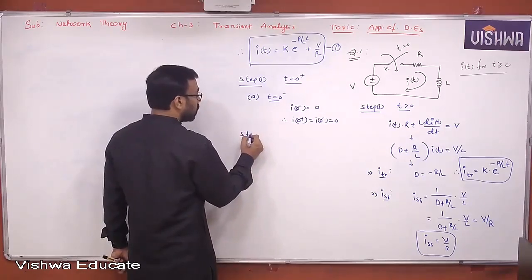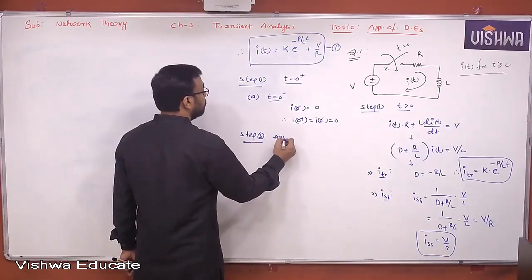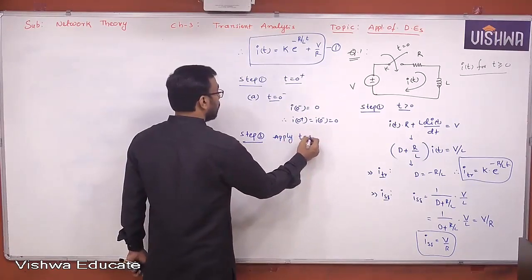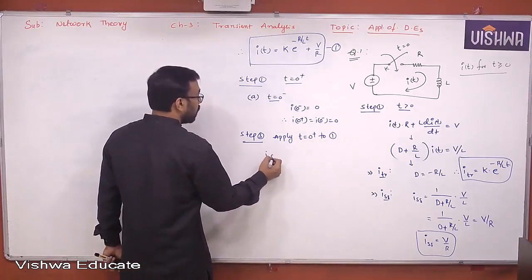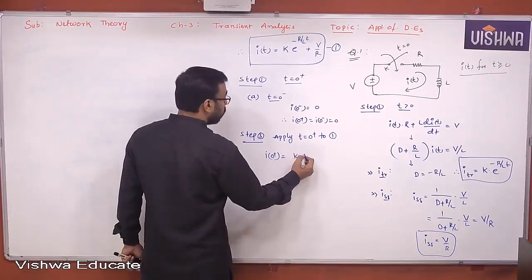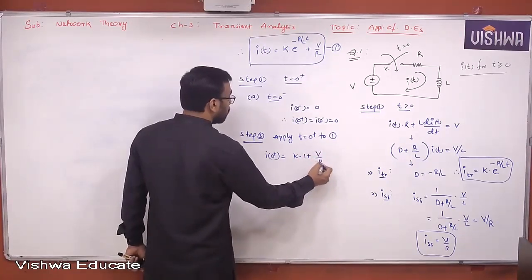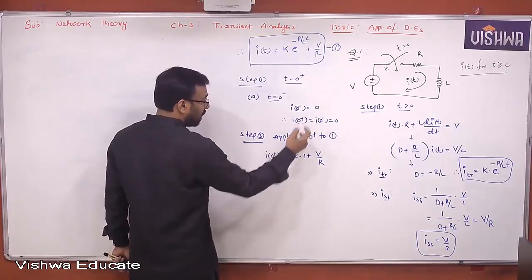Now let's go for step 3. Now apply t equal to 0 plus conditions to equation 1. So what will you get? I of 0 plus is equal to K into 1 plus V by R. What is this I of 0 plus? Already you got 0. This value you know very well.